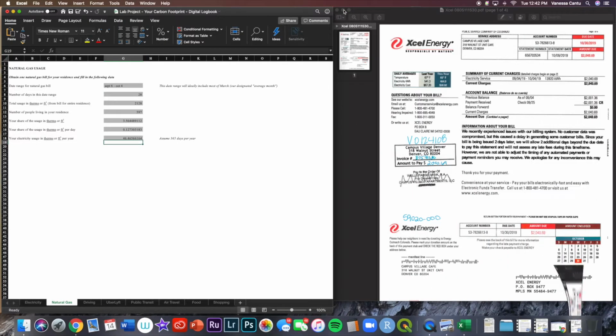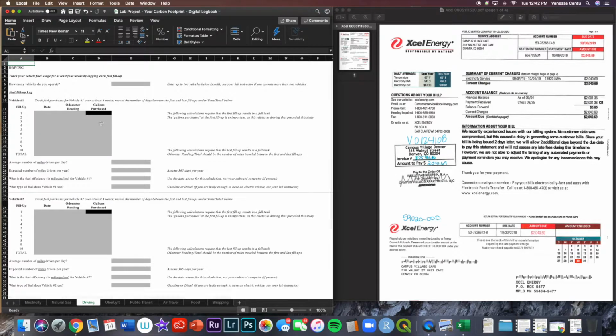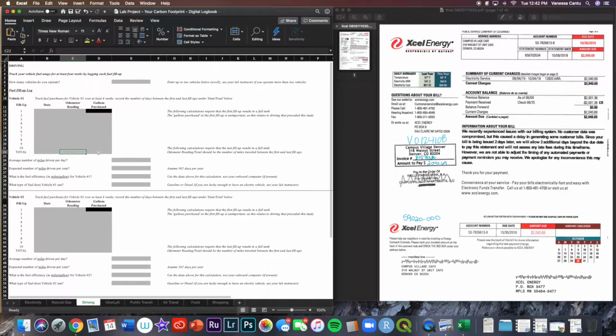All right, so the next part is driving. A lot of you were saying that you weren't driving a lot. That's okay, just put what you had. Make sure that you have the number of vehicles that you're operating and that you were tracking it for at least 4 weeks. Make sure you calculate your totals for the gallons purchased.